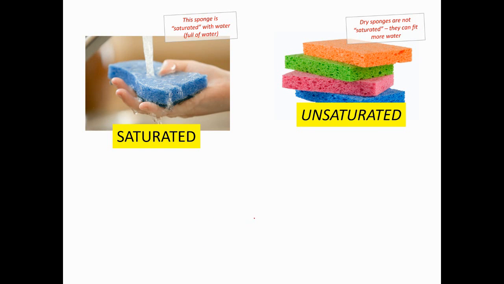All right, these two terms actually are logical, saturated and unsaturated. Think of a sponge. A sponge is saturated when it's totally full of water. A dry sponge is unsaturated. You could fit more water in an unsaturated or dry sponge. Okay?